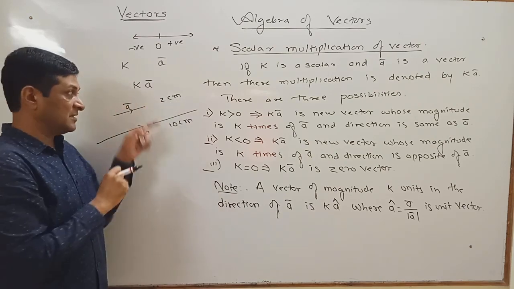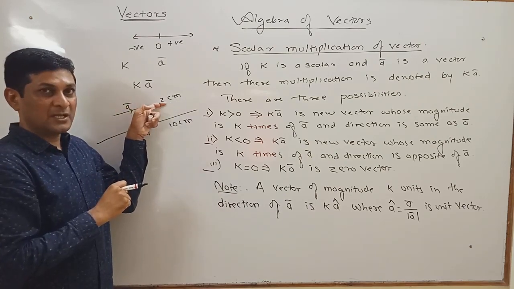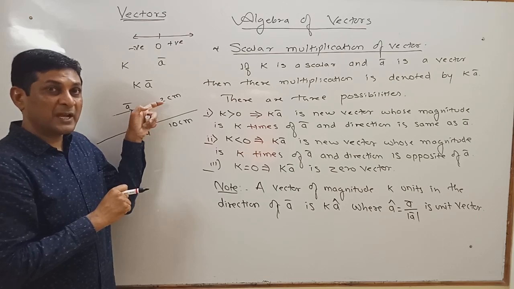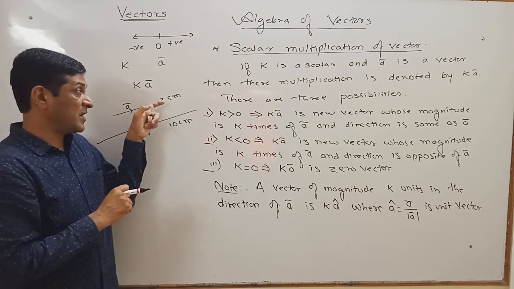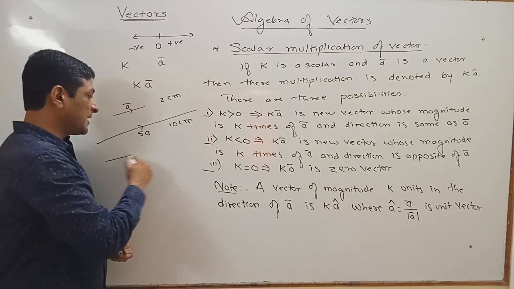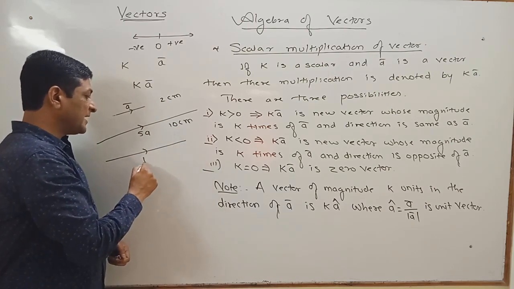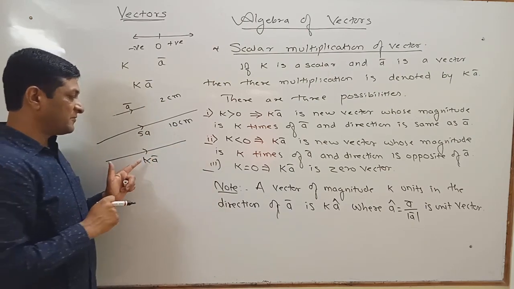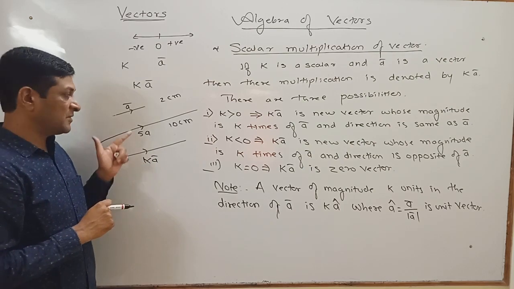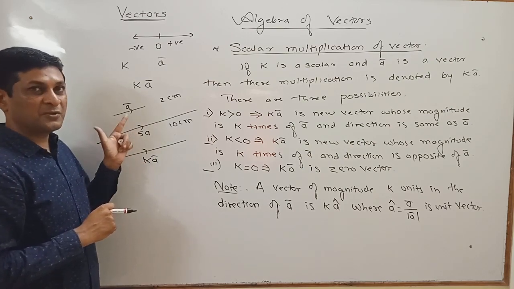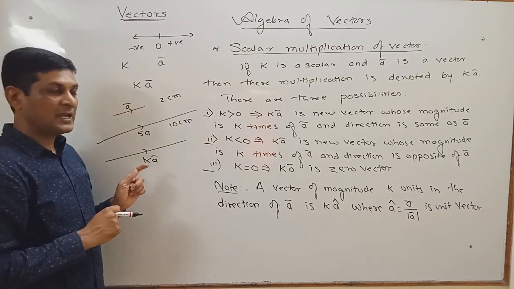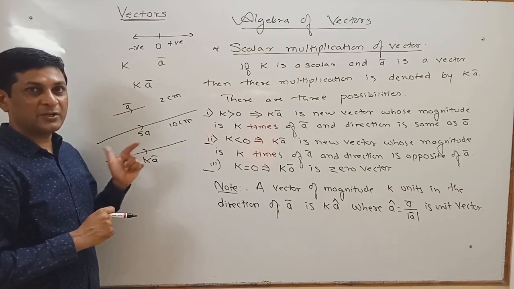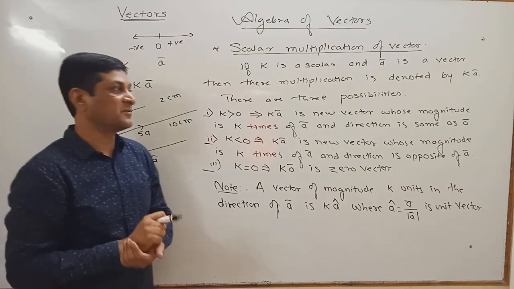Here magnitude is 2 centimeter; multiplying by 5, the new magnitude is 5 times, 5 2s are 10. If you are multiplying a bar by k, then the magnitude of the new vector will be k times that of a bar.